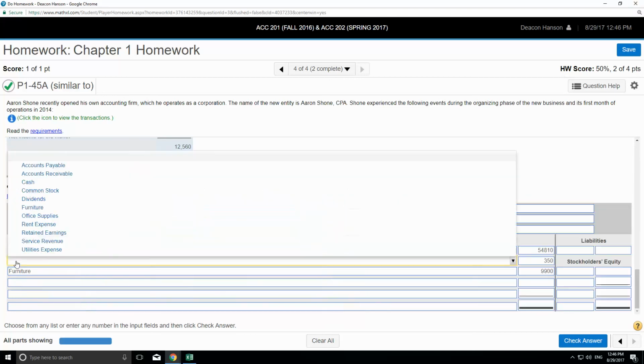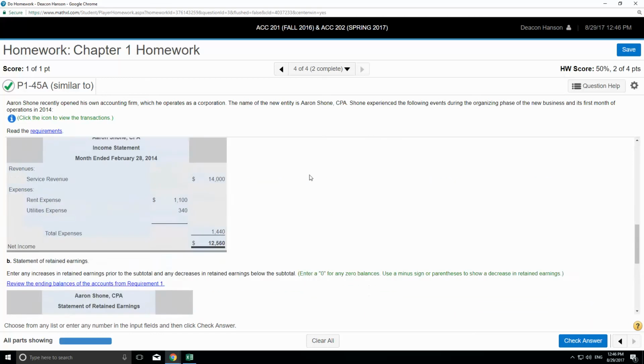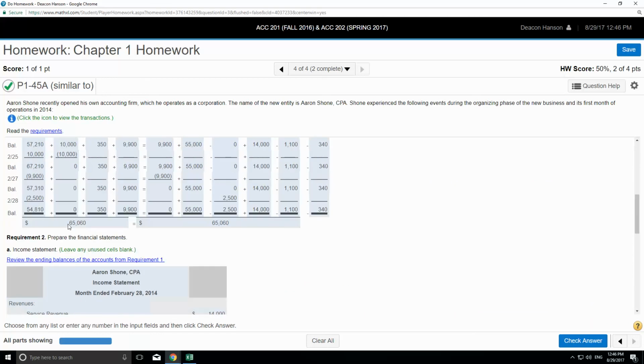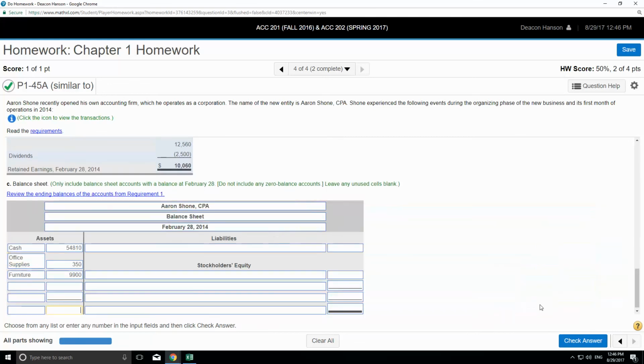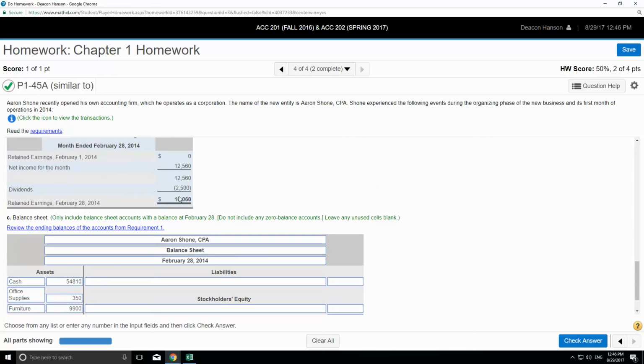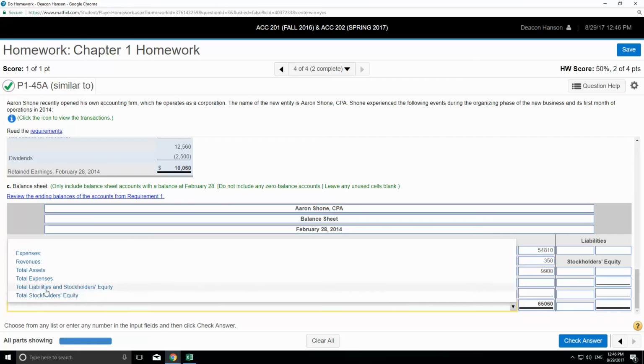So we'll call this office supplies. And my assets should add up. You can re-add them with your calculator if you want, but if I'm pulling those numbers down, then my assets should be 65,060. Can I see the retained earnings? Retained earnings is right here. Thank you. And this would be my total assets.